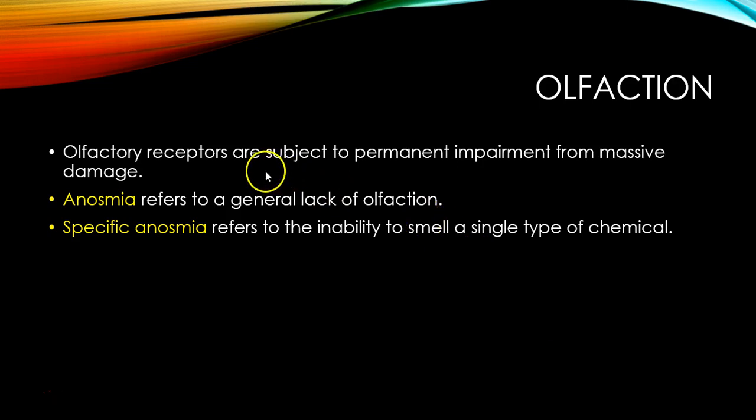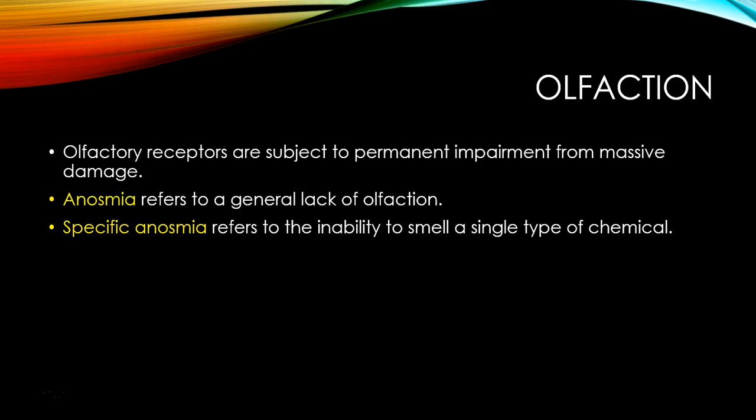Olfactory receptors can be permanently damaged and permanently impaired after real massive damage. So this often happens when someone has a really big head injury right to the front part of their brain, maybe a car accident where the front of your head, your forehead, think about kind of the bridge of your nose, that's where the receptors all kind of go through in the back there.